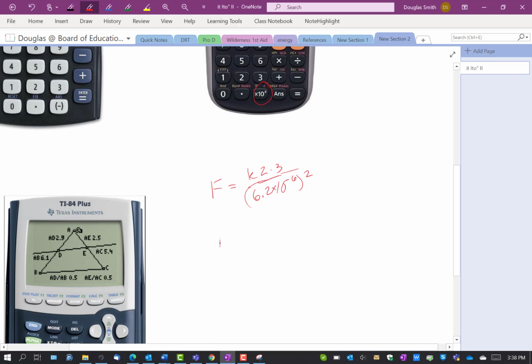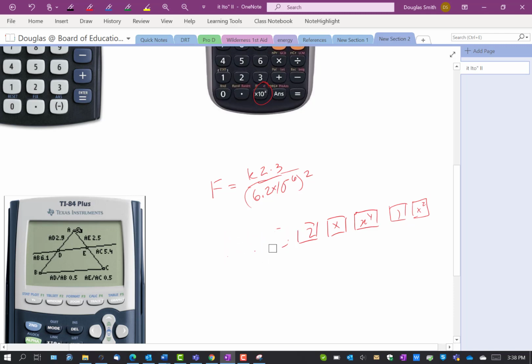You could go bracket 6.2, then the multiplication key, then x to the y and 10, a bunch of things like that, then the end bracket, then you could square it.